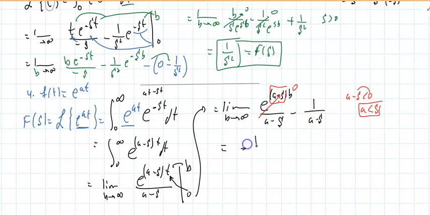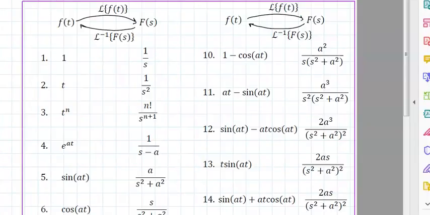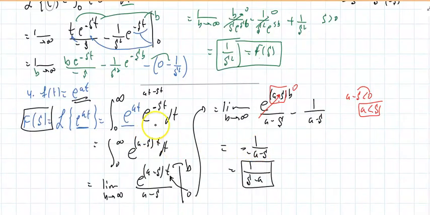That would equal negative 1 over a minus s. And if I distribute the negative, that's 1 over s minus a, which is f of s. So, the Laplace applied on e to the at, if I want to use the table, it's right there. All I have to say is put 4, circle it, and say it's 1 over s minus a. Instead of doing all of that work, there's the result.